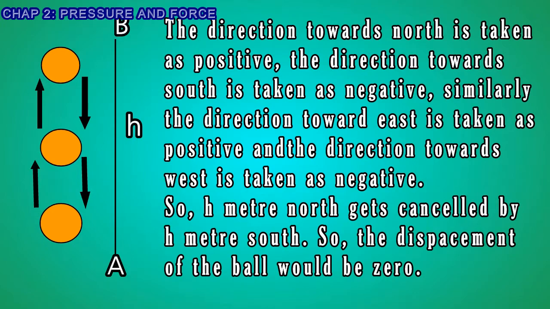Similarly, the direction toward east is taken as positive and the direction towards west is taken as negative. So, h meter north gets cancelled by h meter south. So, the displacement of the ball would be 0.